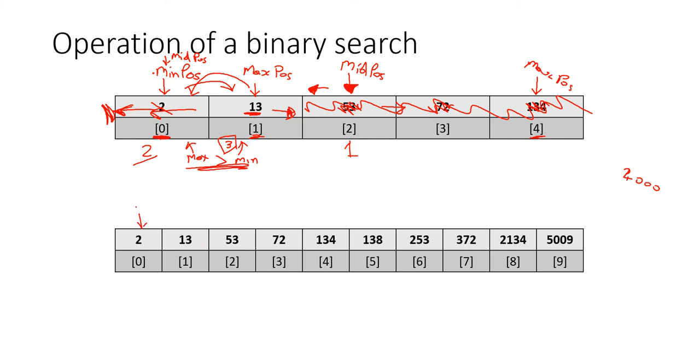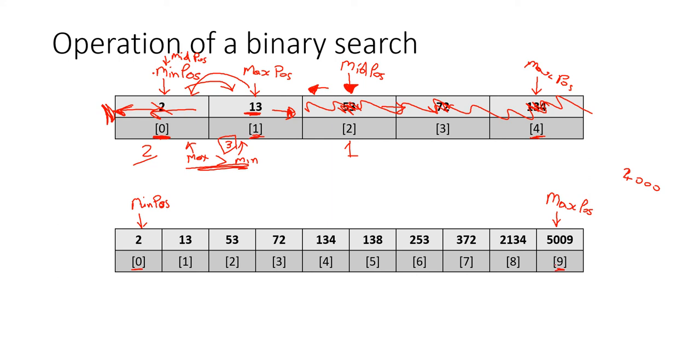So our min pos still starts at the beginning, and our max pos still starts at the end. And then we use our min and max, so we're storing the indexes in those.